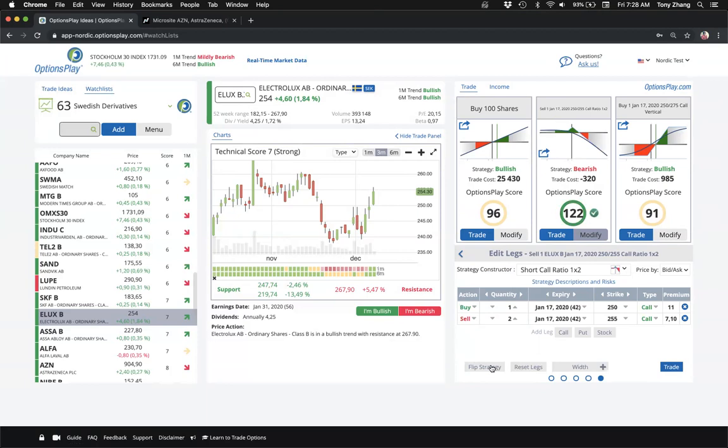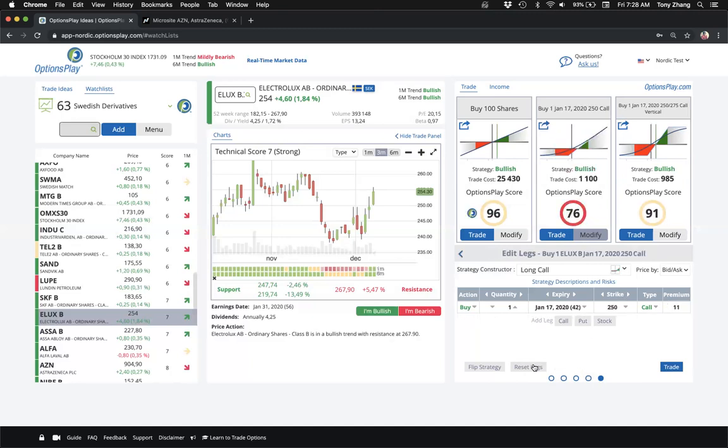You can flip a strategy, you can move all the strikes up 1, down 1 just by the click of a mouse. This is all designed to make your options exploration as easy as possible. And you can always reset the legs if you want to get yourself back to the original strategy.